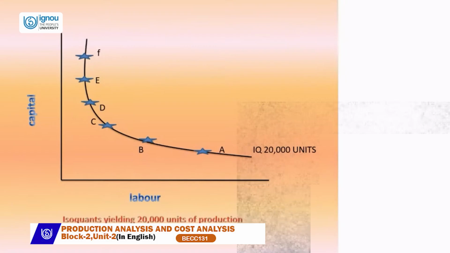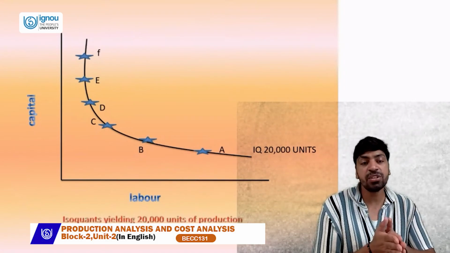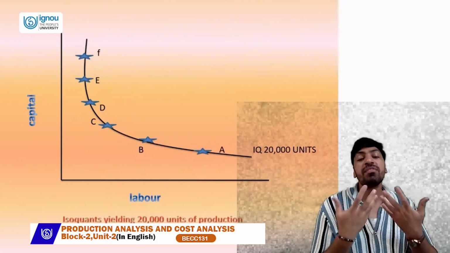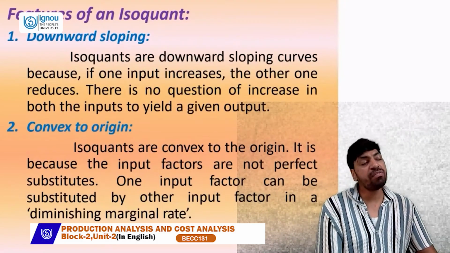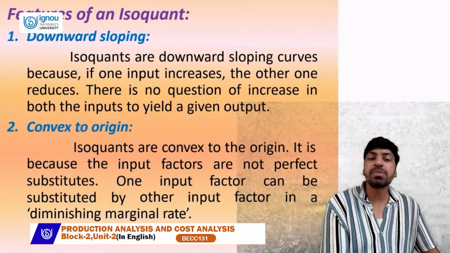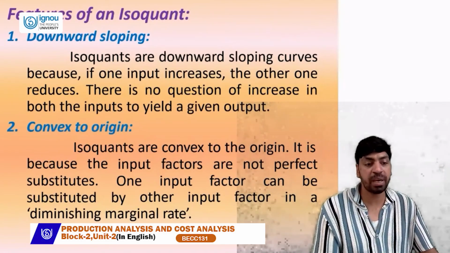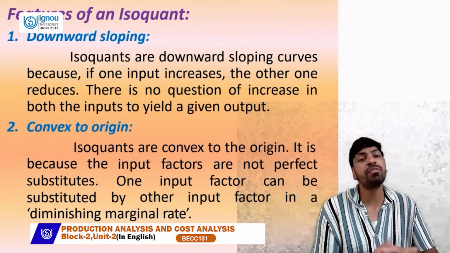The diagram is convex to the origin, as it increases, then becomes constant and starts declining. It's convex to the origin because no combination of inputs can be perfect substitutes. One factor input can be substituted by another factor input, and in other words, we can say it's the diminishing marginal rate of substitution.